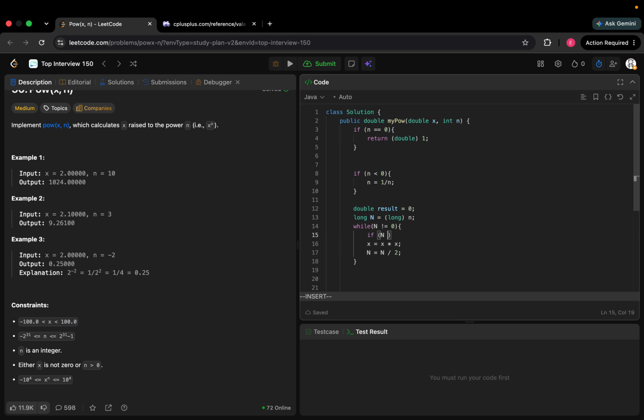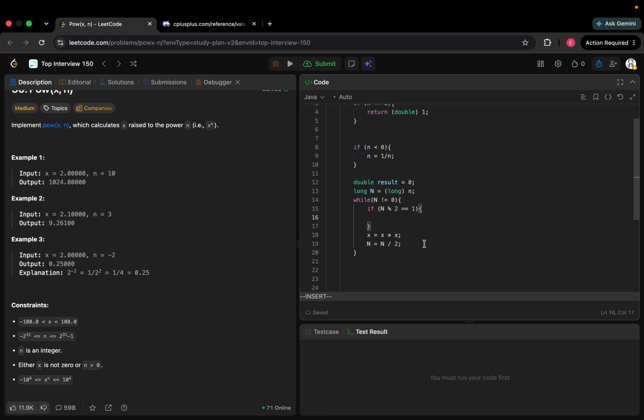If n modulo 2 is equal to 1, which means the last one, then the result is multiplied by x, and n equals n minus 1.